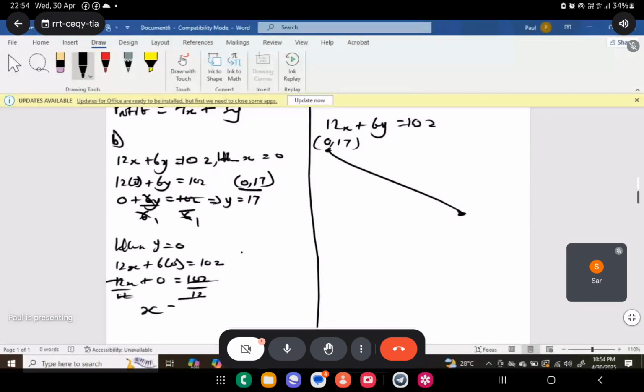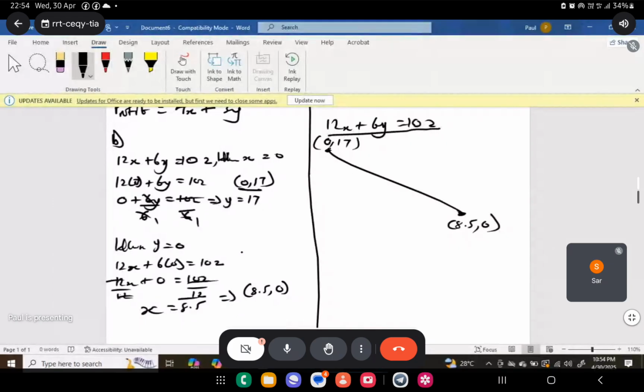So which means that the second coordinate becomes 8.5 and 0. So let's say this is 8.5. This is 0. So this is the coordinates we are talking about. So for this line, we found our 2 points that we can use to draw the line.